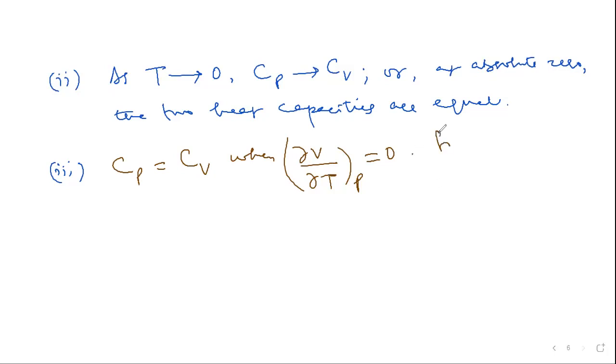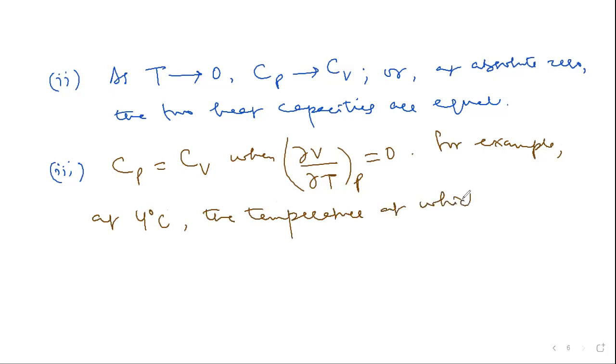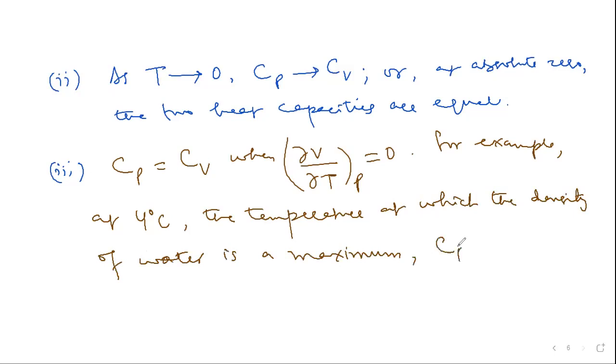For example, at 4 degrees Celsius temperature, that is the temperature at which the density of water is a maximum, Cp is equal to Cv, right?